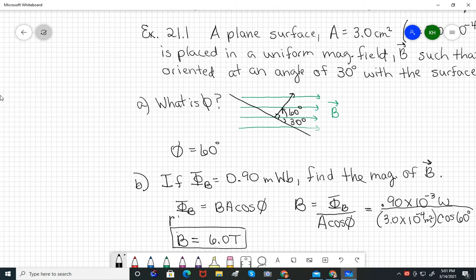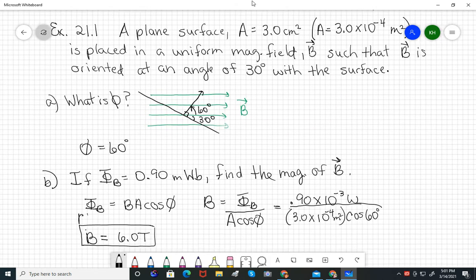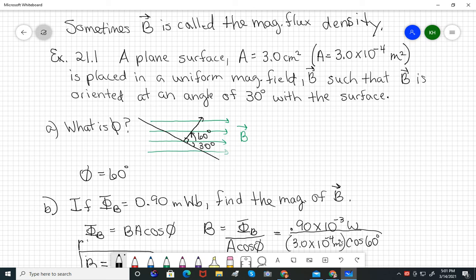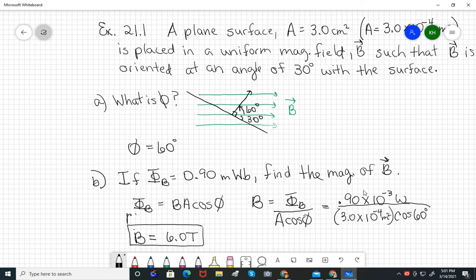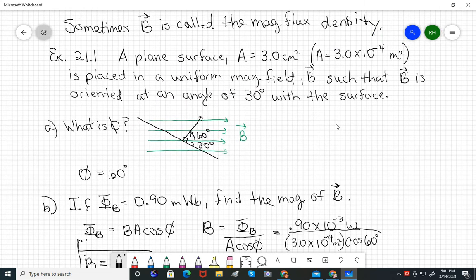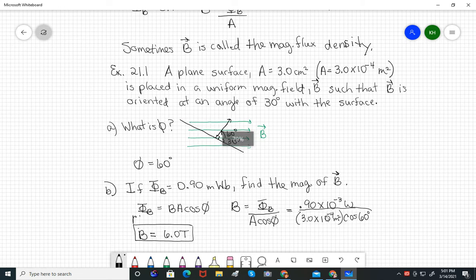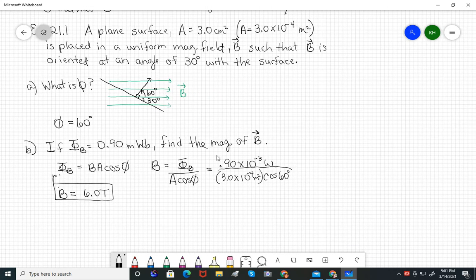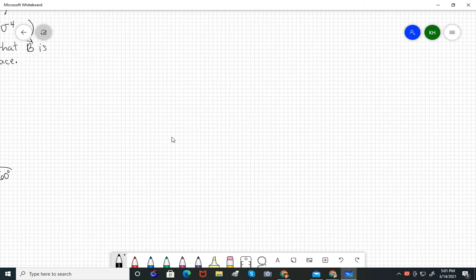It's going to let me move it left and right. Doesn't want to let me move it up and down. Okay, well, we'll move sideways since it doesn't want to move up and down.